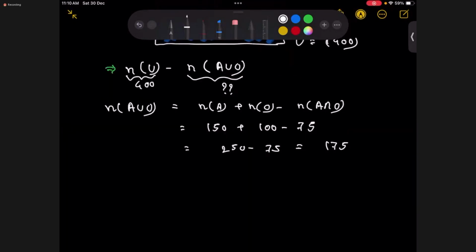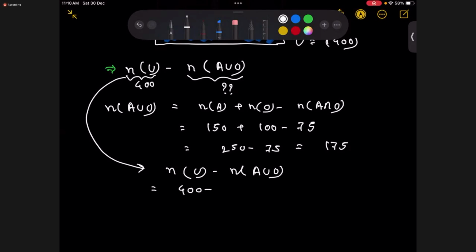Then we can write n of U minus n of A union O, which equals 400 minus 175, which equals 225.